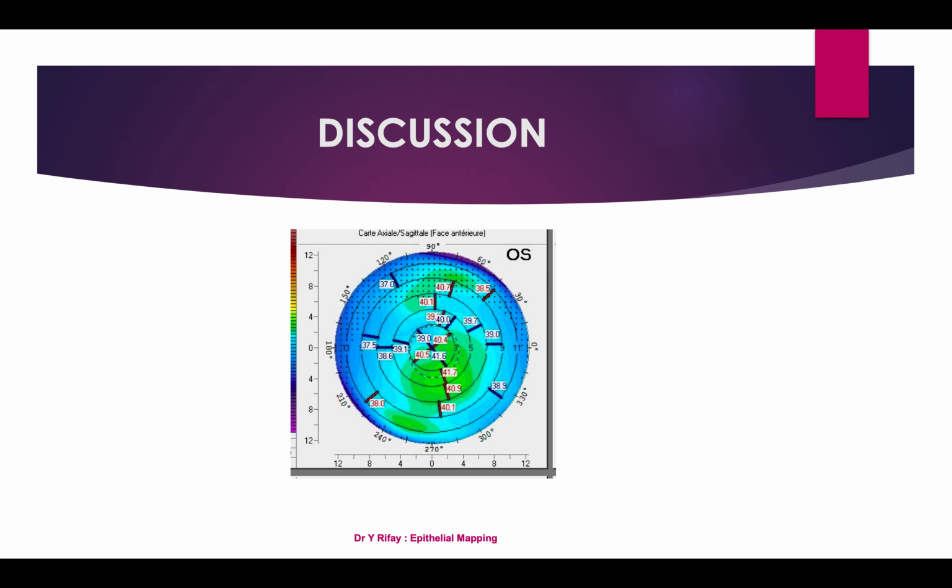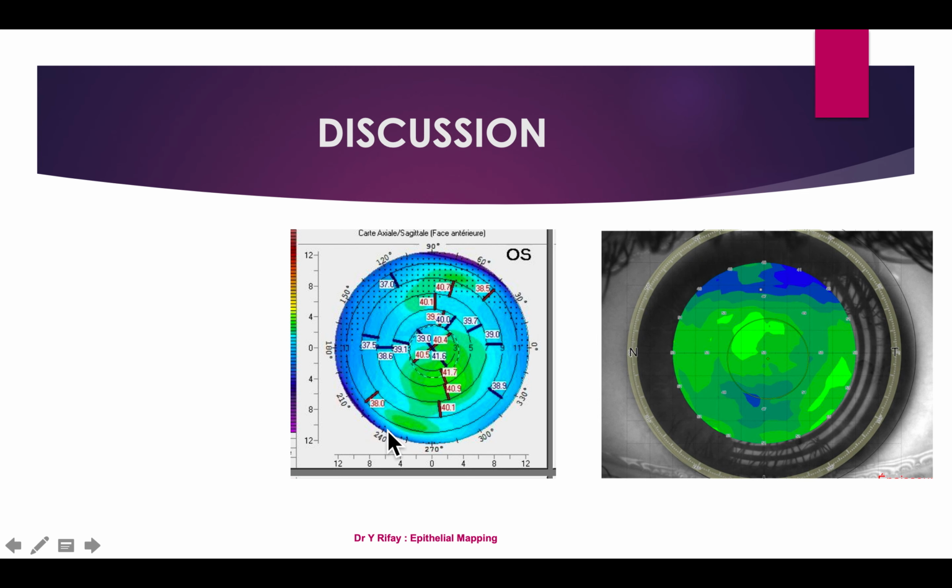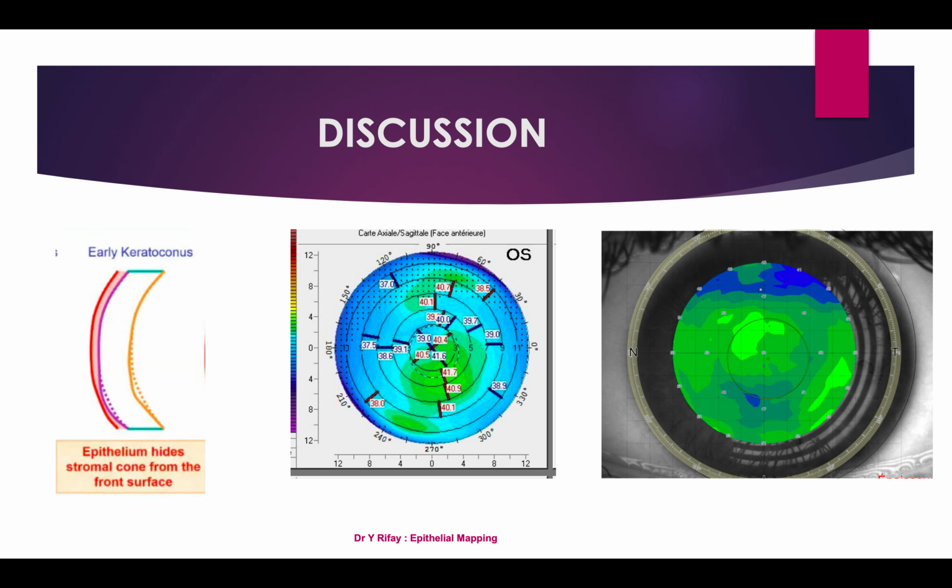So in this case, you have small abnormalities in the anterior surface, but you have thinning over the steepest area. And this is the drawing of Dan Reinstein that shows that when you have small abnormalities on the anterior surface and a thinning over the steepest area, it is a keratoconus.